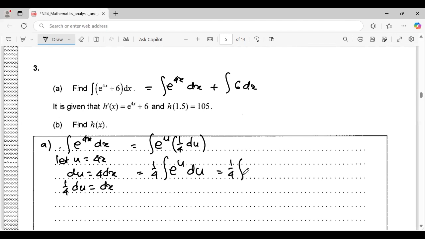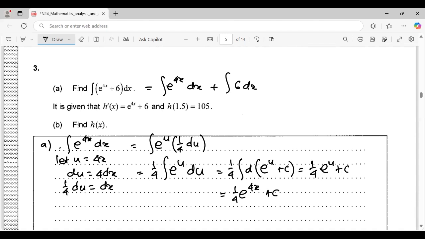The integral is 1/4 e power u plus c. u is 4x, so this equals 1/4 e power 4x plus c.